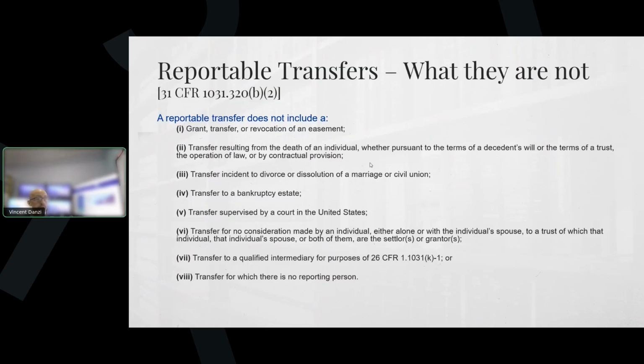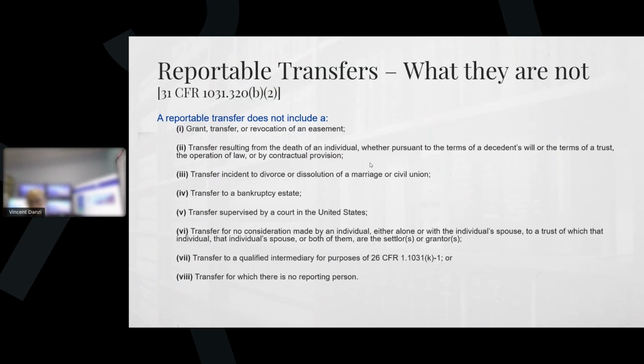Transfers that are made to a qualified intermediary for the purposes of doing a 1031 exchange, those are also exempt. Those don't need to be reported. Why might that be the case? Well, if you're not familiar with what a 1031 exchange is, for some transfers it is sometimes necessary for the qualified intermediary, which is essentially an escrow agent, to take title to the real property, hold it for a certain amount of time, and then transfer it to someone else.